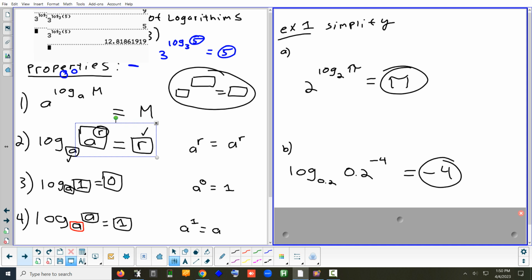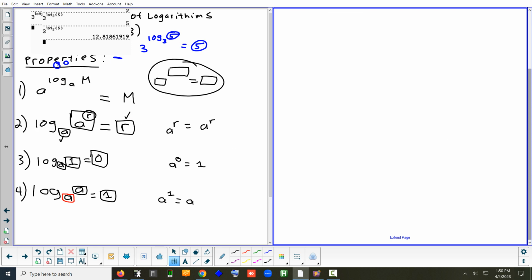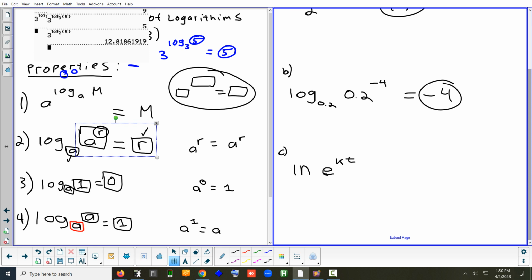Let's try this one. The ln of e to the kt. So you might have to look at that one a little bit, but it is one of the patterns. You may have to do something with this that I talked about in the homework problem. But which rule is that? Yep. 2. It is rule 2. Can anybody rewrite this to make it more obvious that it's rule 2?